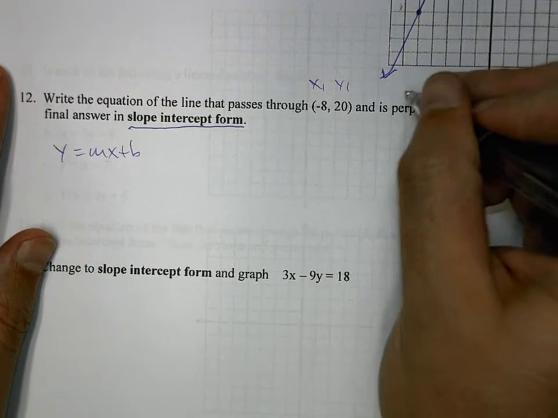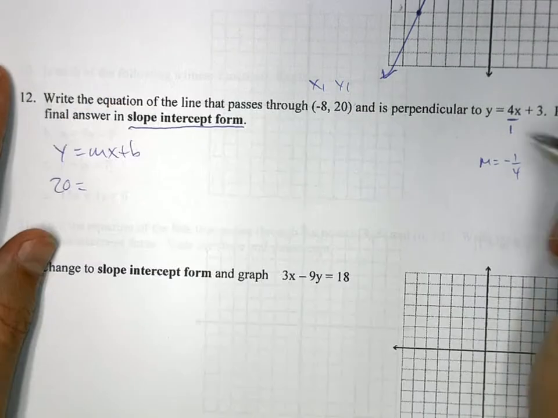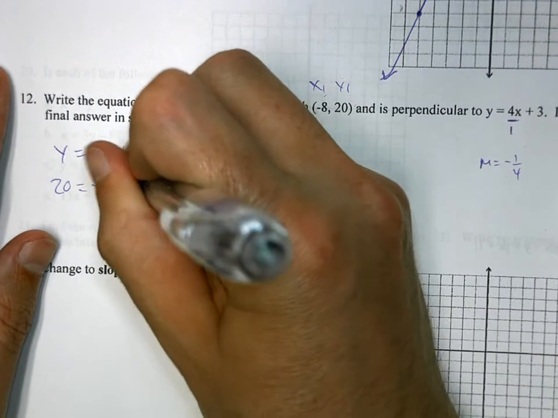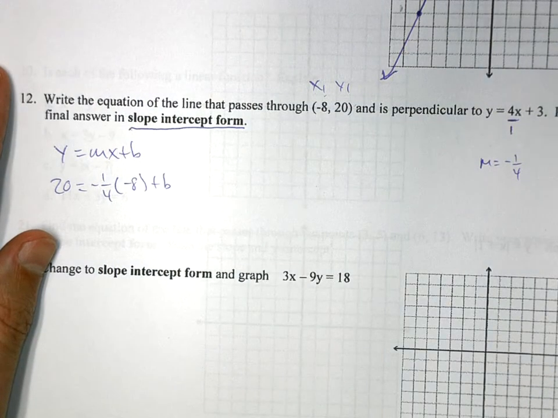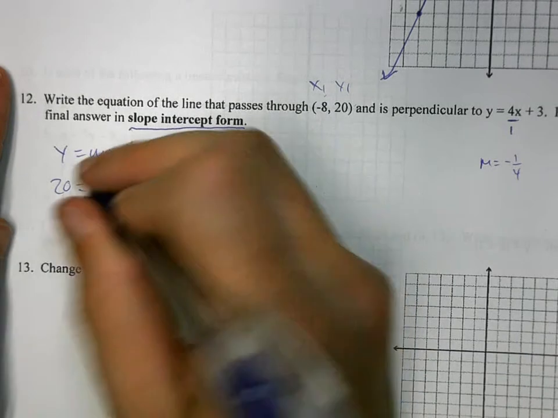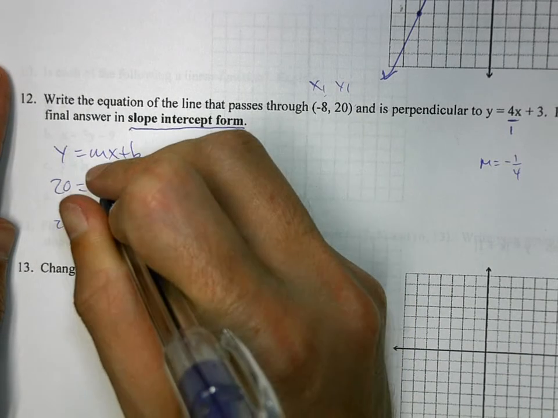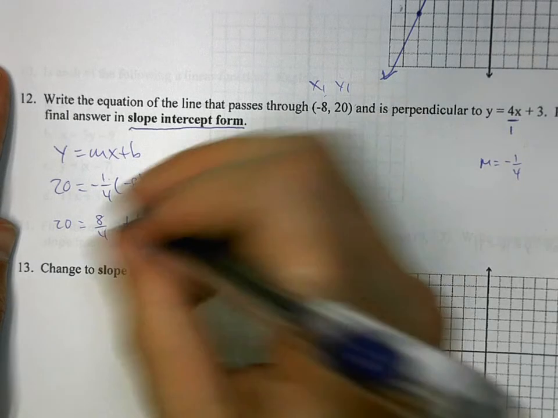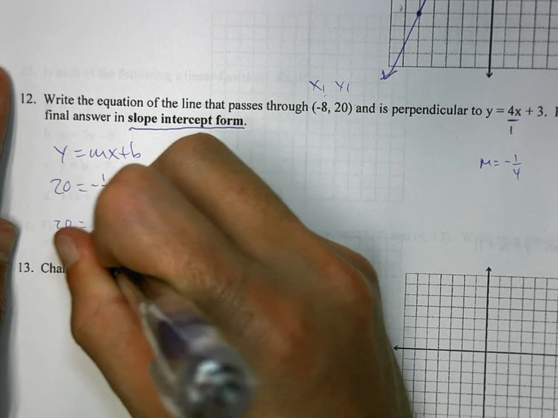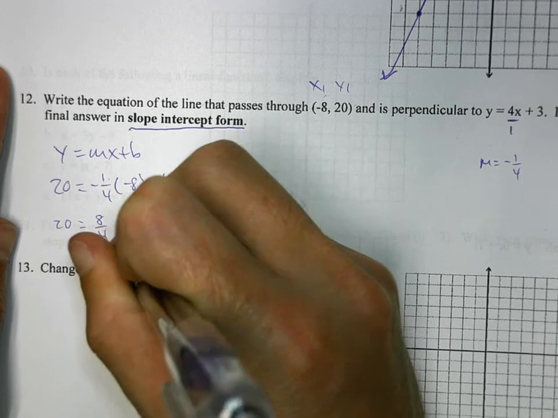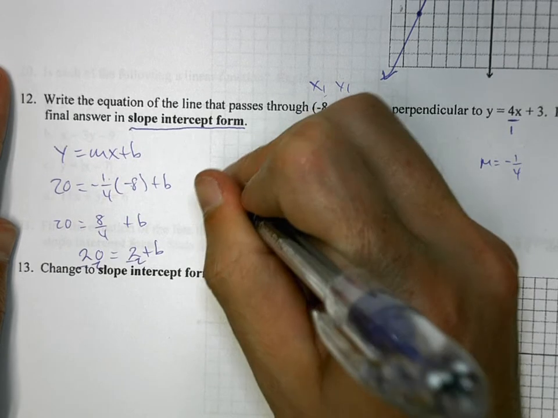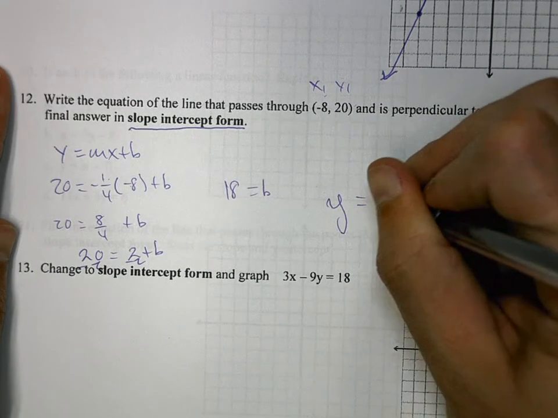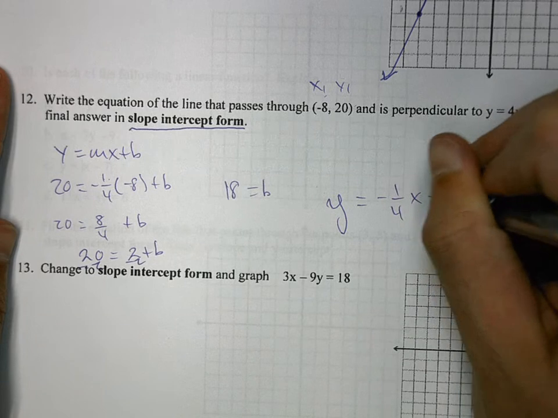So y is 20, m is negative 1 over 4, x is negative 8, plus b. Multiply to the top. Negative 8 times negative 1 is positive 8 over 4, plus b. 8 divided by 4 is 2, so 20 equals 2 plus b. And when you subtract 2 from both sides, you get 18 equals b. So the equation is y equals negative 1/4 x plus 18.